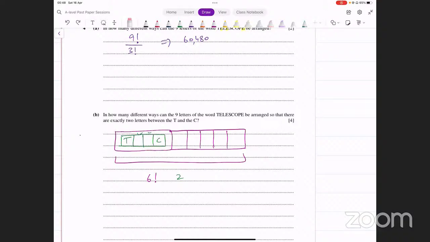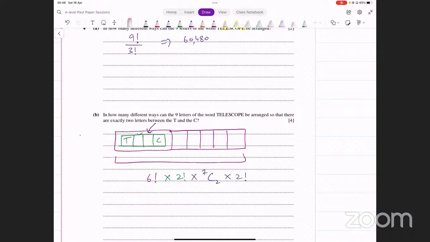We don't know which two letters are going to be there. तो हम क्या करेंगे? हम कहेंगे बाकी जो आपके पास 7 letters रह गए हैं, उन 7 में से आपको 2 letters यहाँ पे place करने हैं और उनको arrange करना है. So you can say 7P2 for that. This is one way to do this. या आप ये भी कर सकते हैं, 7 में से 2 choose कर लें और फिर उनकी आपस में arrangement देख लें. That's going to be 2 factorial. तो एक ही बात है, दोनों तरह से कर सकते हैं.